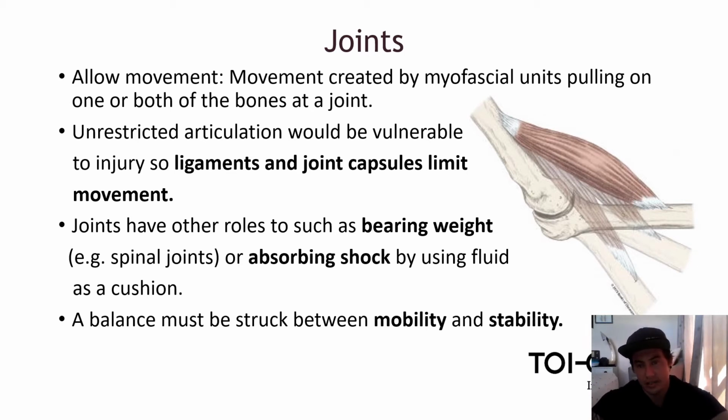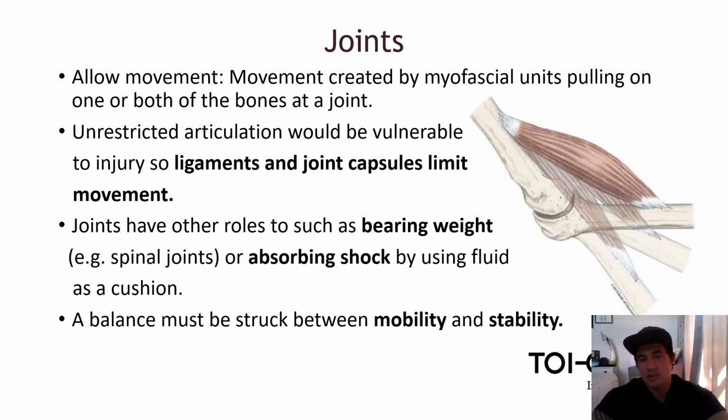Unrestricted articulation, so if there's nothing surrounding those articulations, they're vulnerable to injury. So ligaments, which is connective fascia connecting bone to bone, and joint capsules limit movement. So yes, joints provide movement, but other structures are in place to limit movement where we don't want it. So joints have other roles too. Joints are in place to bear weight. If you think about your spinal joints, they absorb shock by using fluid as a cushion.